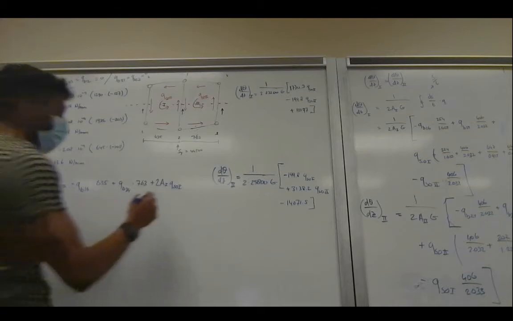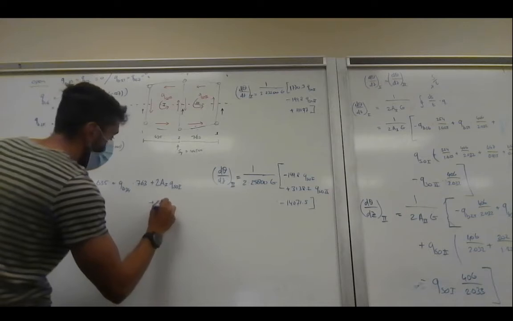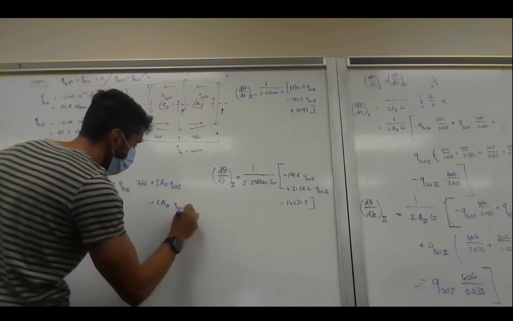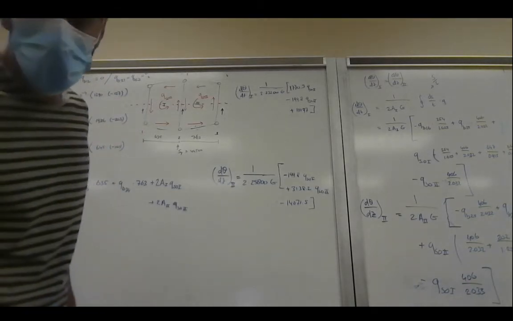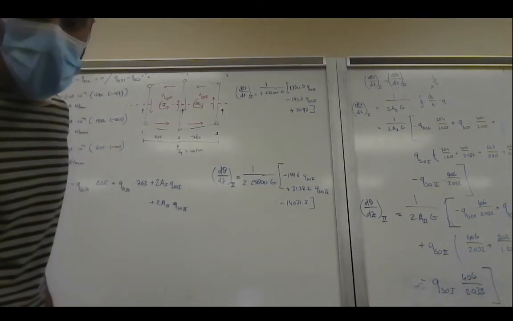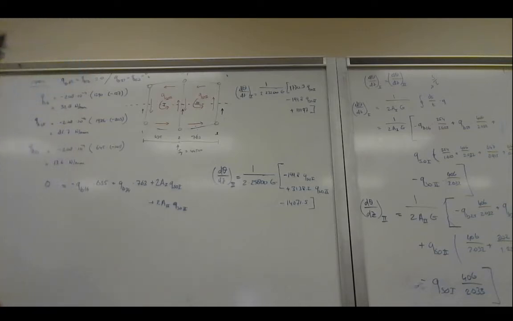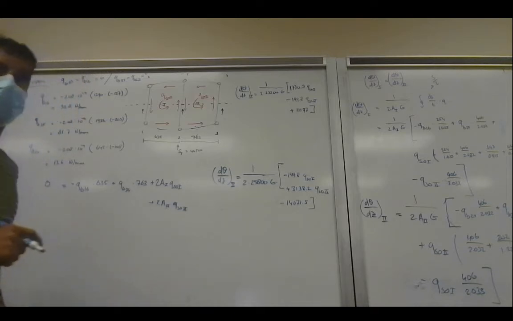Plus another, I'm going to write it here, plus 2 times the enclosed area of QS02. And we're doing the 2 times the enclosed area because it's centered around the axis.